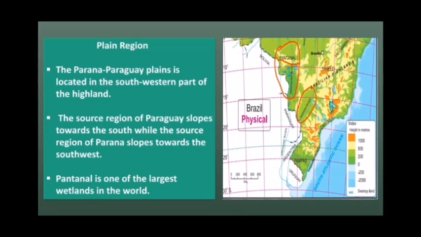So Pantanal is the largest wetland in the entire world. There are swamps and marshes in the northwestern Mato Grosso do Sul in Brazil, and it extends into Argentina too. That is, these swamps and marshes are not just in Brazil, they go into the country of Argentina too.